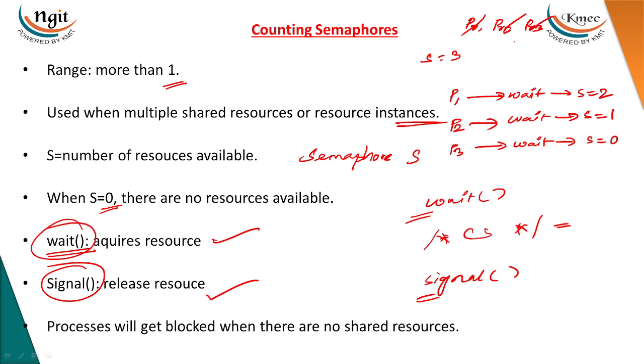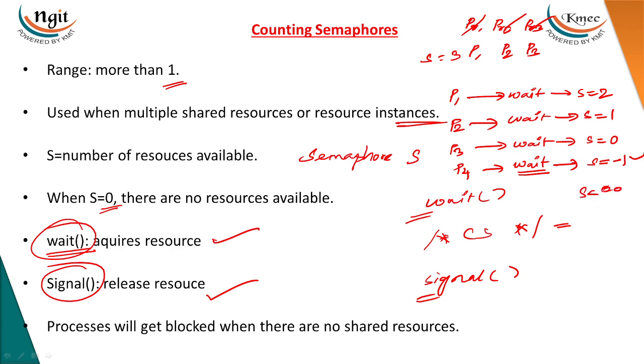So three printers are used by processes p1, p2, p3, but the next process p4 will try to use the printer and execute wait. The s value will become -1, which is less than 0.